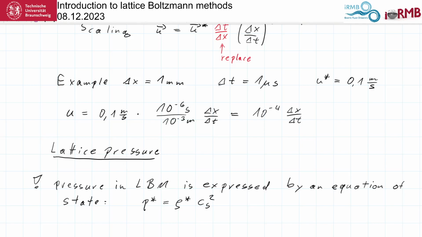This is the gas law, because this is related to the gas constant times the temperature, and rho is the mass divided by the volume. You put this into it, so you get the pressure out of the gas law.